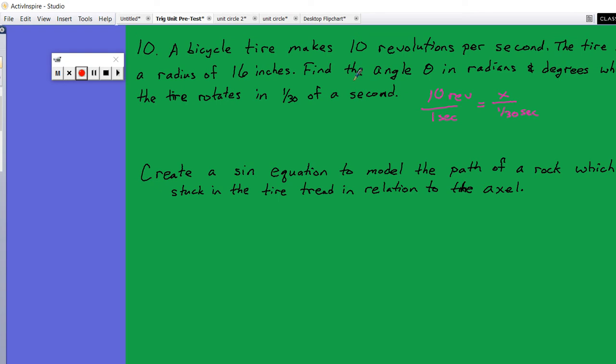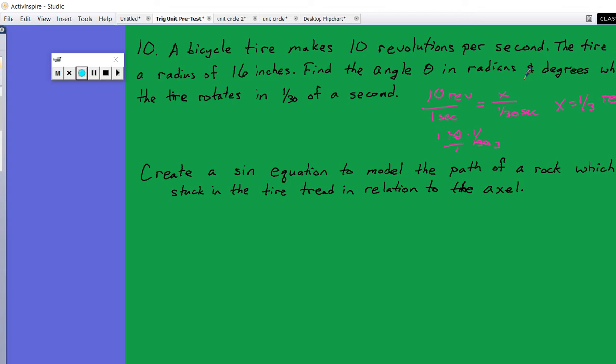So if I multiply, to get rid of a divide, you multiply, so I'm going to go 10 times 1/30th. I can cross cancel, that becomes 1, that becomes 3. So x equals 1/3 of a revolution.